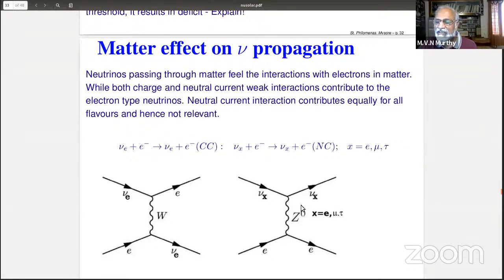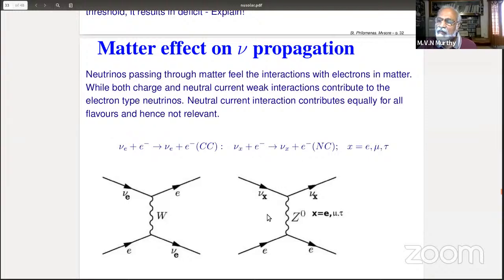And in fact, what is exchanged? The exchange particle is the Z boson. And the exchange particle here, where there is a charge change, is called the W boson. And these W and Z bosons are the ones which actually mediate the weak interactions. Okay, so there are two types of interactions: charge current and neutral current.